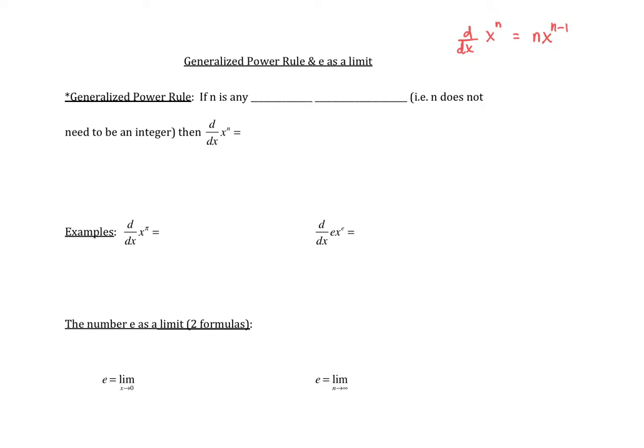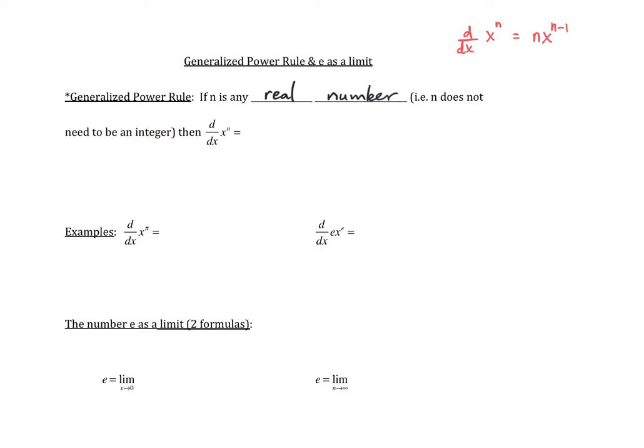So what's different between this power rule we learned before and the generalized power rule is just one very small difference. The difference is that if n is any real number, we can write a power rule for that. And the key idea is that n is allowed to be any real number, not just an integer.